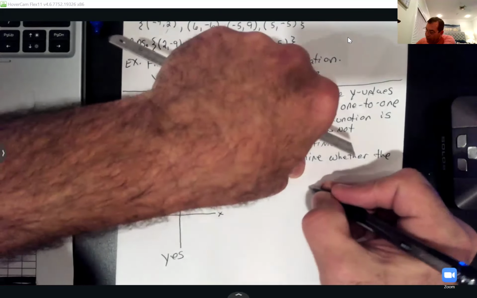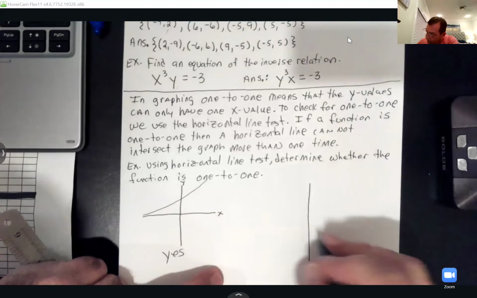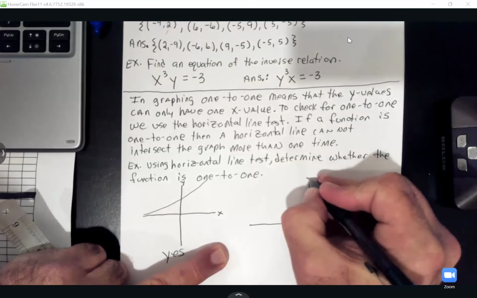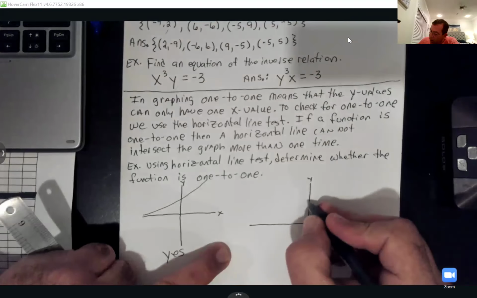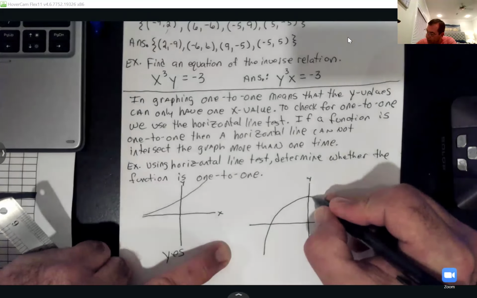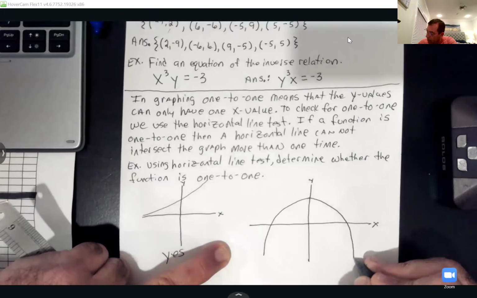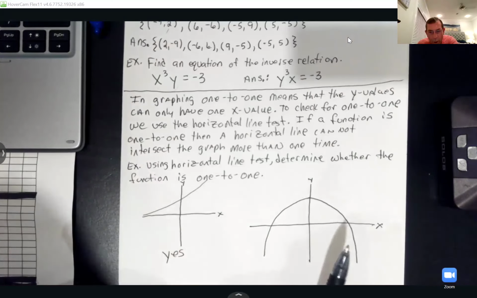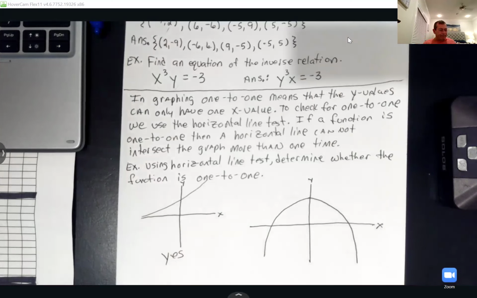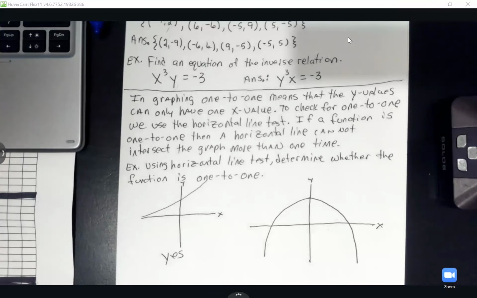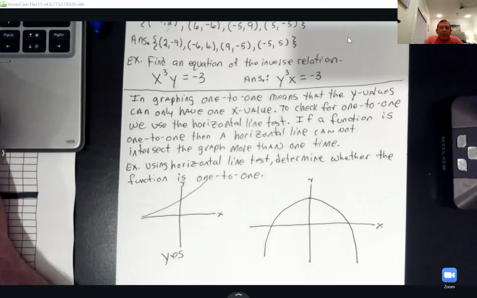So what would be a no? So we've been playing with parabolas. So y'all, is this upside down parabola one-to-one? No. All right, yeah, I'm behind on my chat.